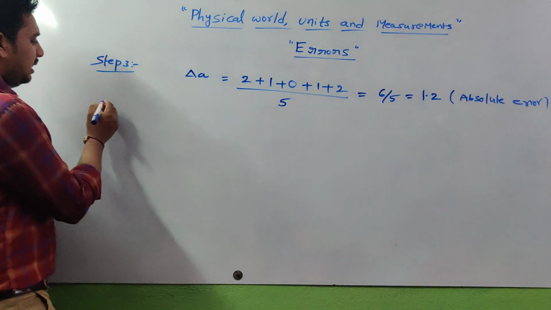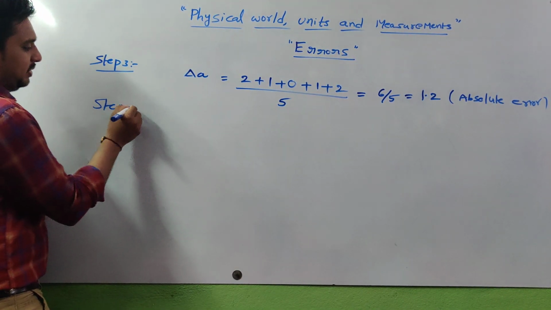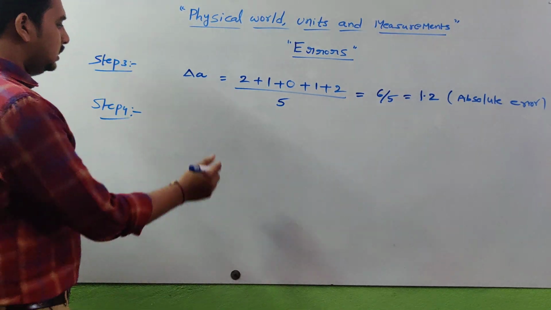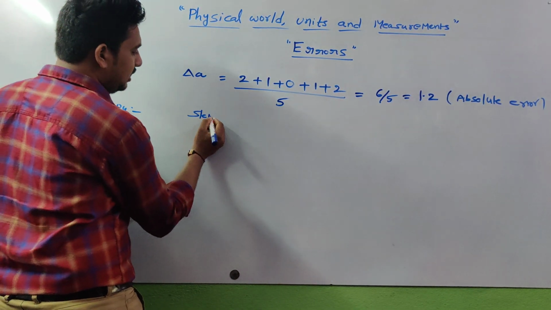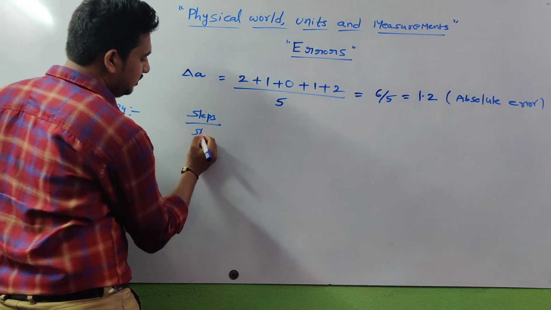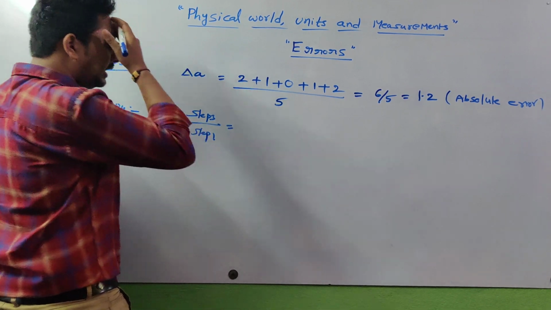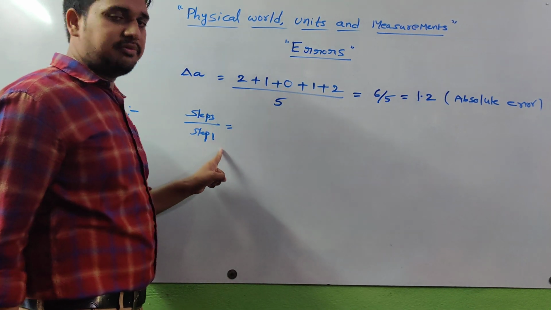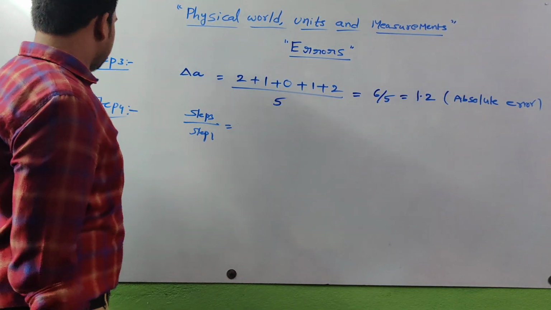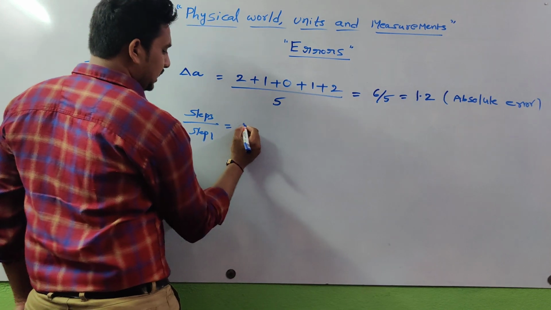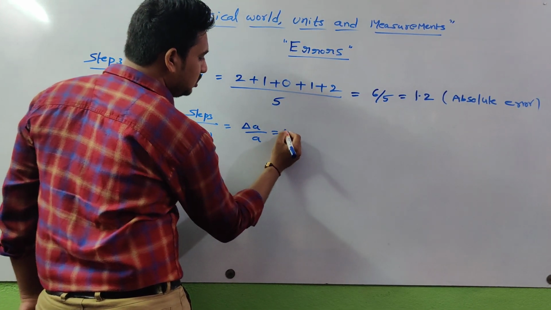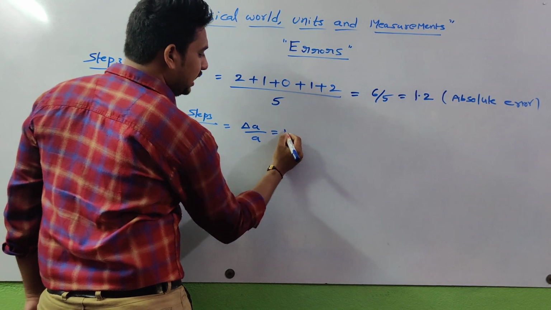Then step 4. What is step 4? Step 3 by step 1: the result of step 3 divided by the result of step 1 gives the relative error. That means delta A by A is the relative error.